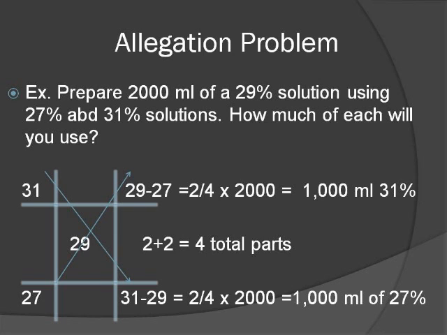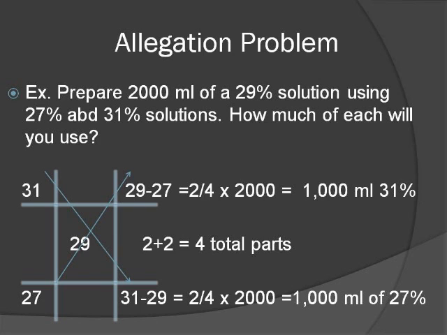High percent on the top left hand corner, lower percent on the bottom left hand corner, and 29%, which is what we're making, is going to go directly into center. So we're going to subtract diagonally.